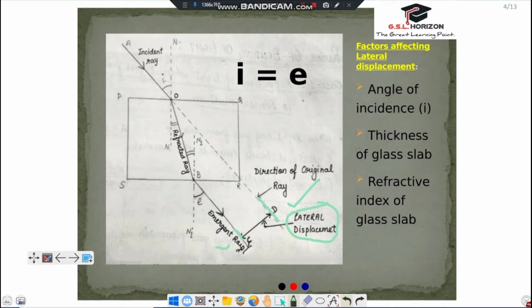Here the incident ray of light comes and is refracted through some angle. This is the thickness of the glass slab. After refraction, the refracted ray passes out from the glass slab at some angle, and this is called the emergent ray.